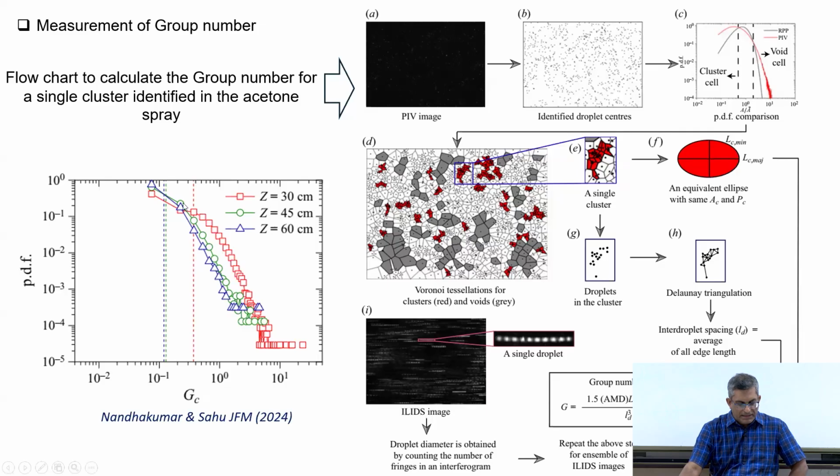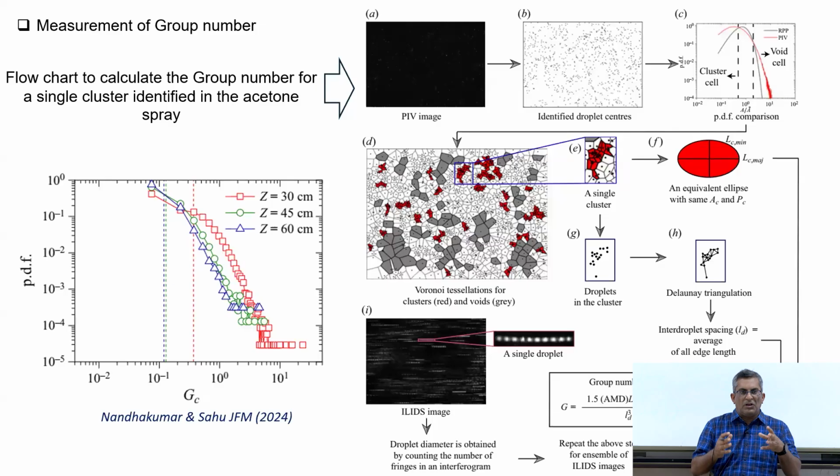What is interesting here is that for all cases the group number is not unique; it varies over a wide range from 0.1 to 10. If you remember, we discussed the significance of the magnitude of this group number. If it is much below 1, then we have more like isolated droplet evaporation or combustion.